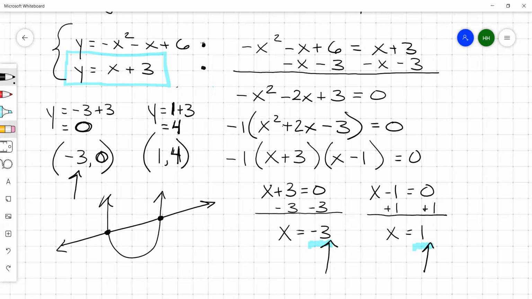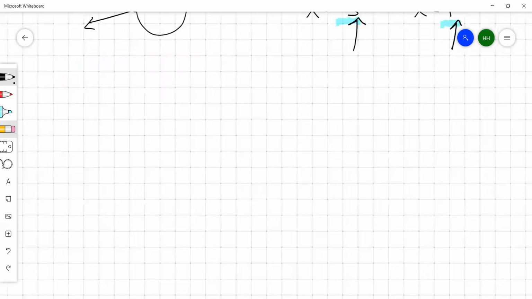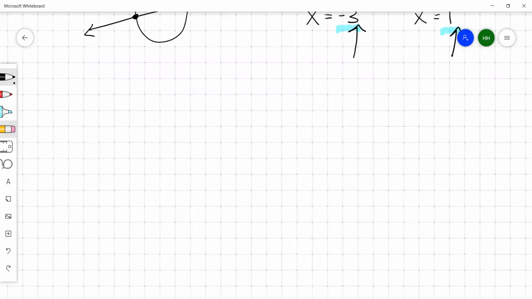All right. And then you'll see another type of problem, and it'll look very similar to this, but the factoring is going to be just a little bit different. So let's cover that. Let's say we get y equal to -x² plus 5x plus 6.